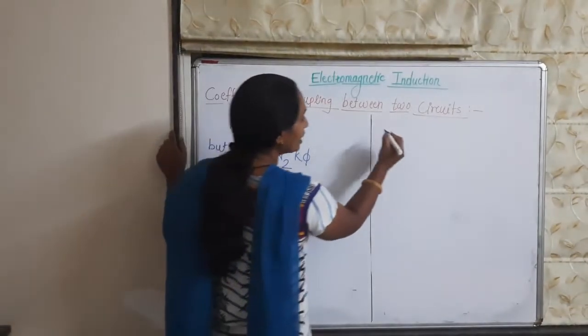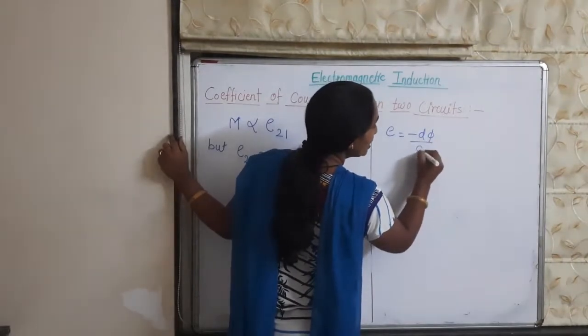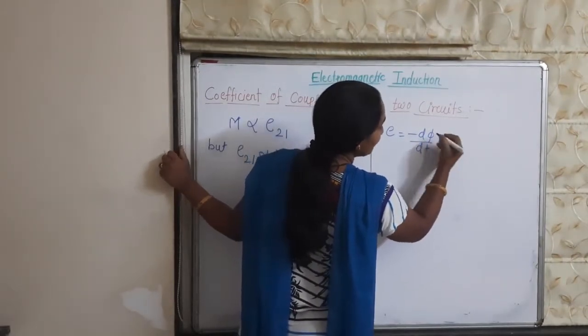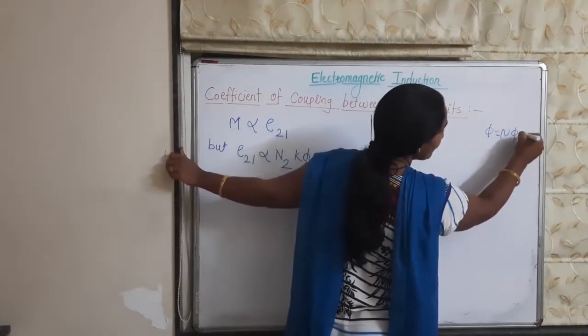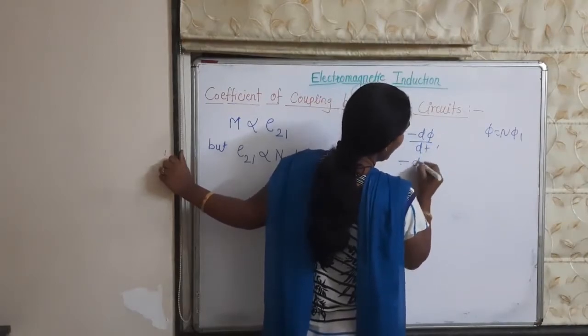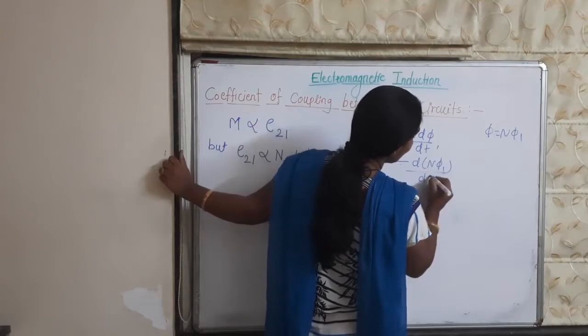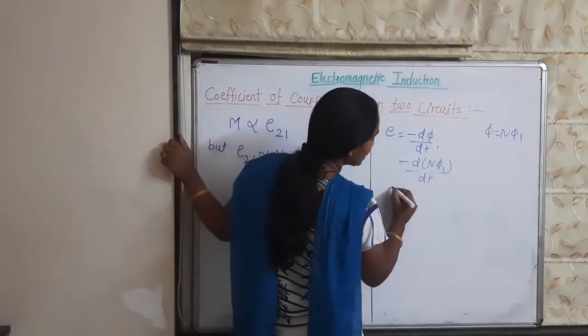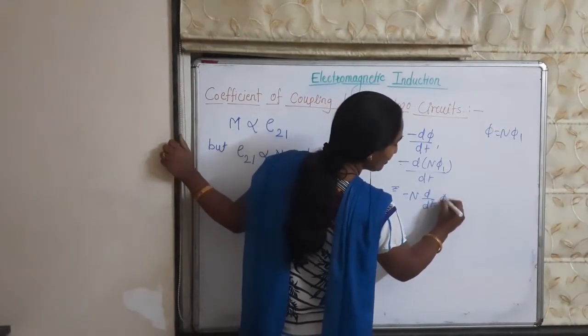We know the formula for the EMF, E equals minus d phi upon dt. And we know the formula for phi, which is equal to N phi 1. Substituting N phi 1 in place of phi, this equation can be written as minus N d upon dt of phi 1.